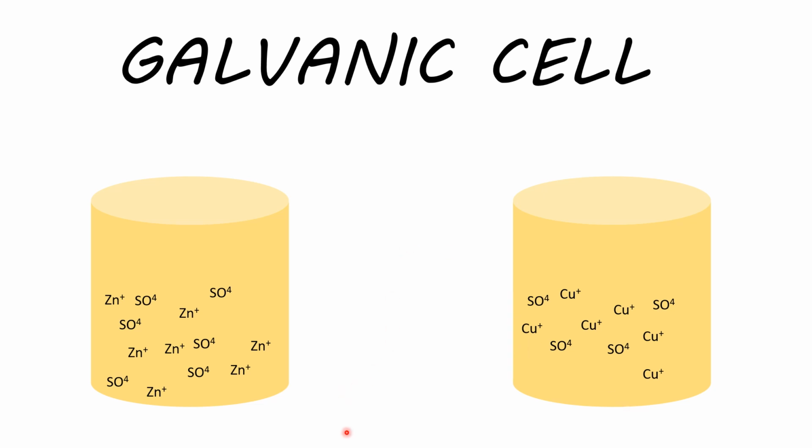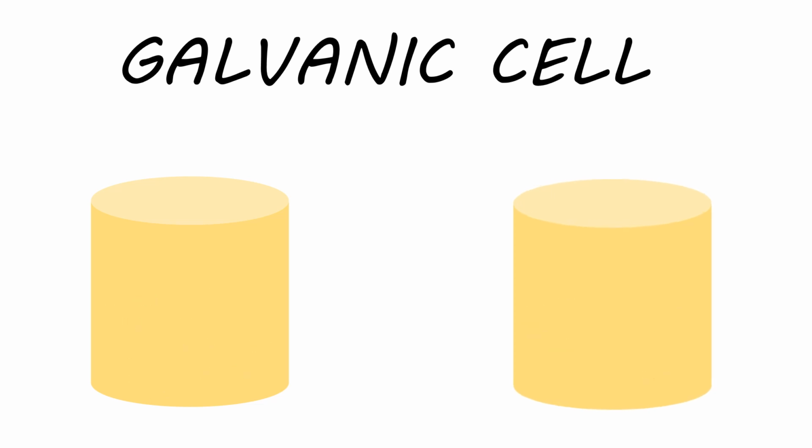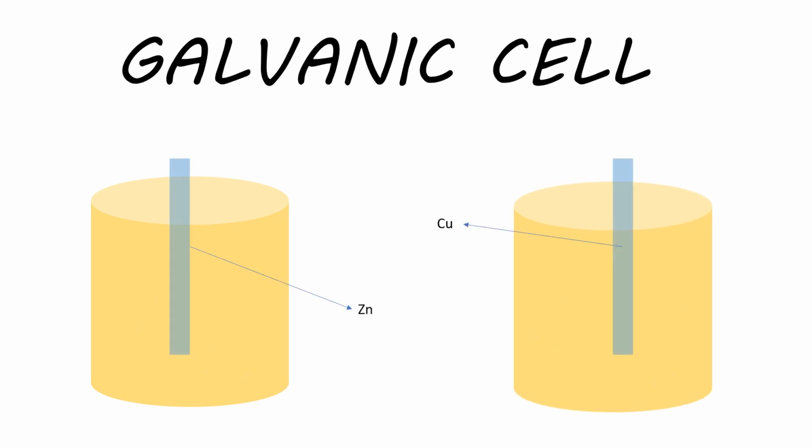One thing to be noted is that whenever we use the galvanic cell, the reaction is only possible where a strong electrolyte is being used. These two containers each contain a rod.